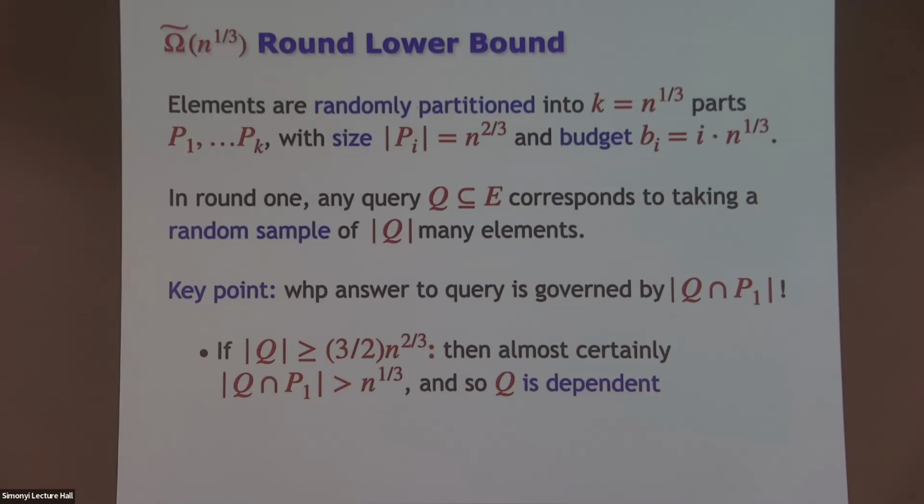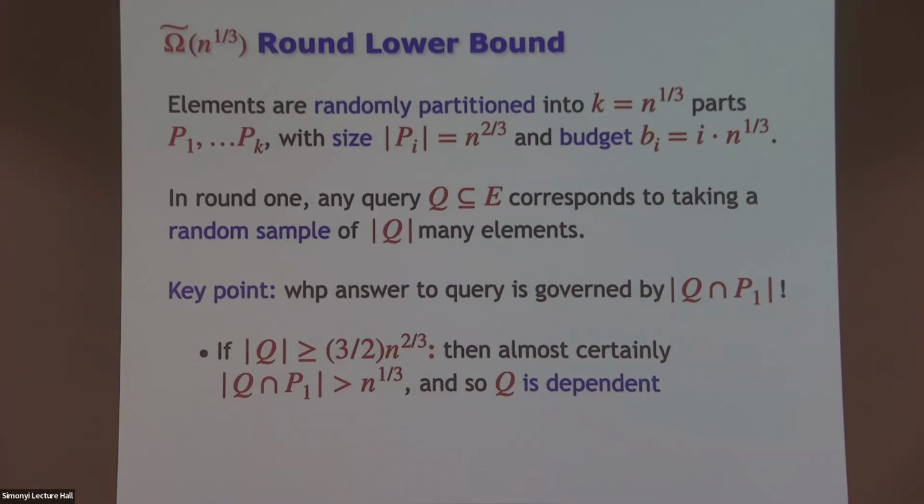Let's see why. Imagine that your query Q is big, of size at least 3/2 times n to the 2/3. How many elements do you expect to land in part P1? There are n to the 1/3 many parts, so a random sample of 3/2 times n to the 2/3 elements gives you about 3/2 times n to the 1/3 elements in part P1.